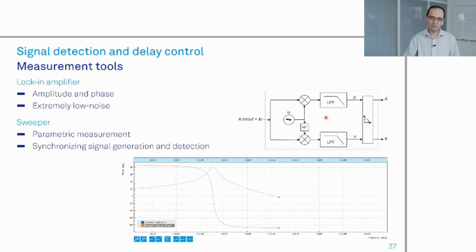We also need a sweeper tool to sweep the parameters of our signals like amplitude, phase, delay, or frequency. And we also need to synchronize both signal generation and detection, which can be done with our control software.